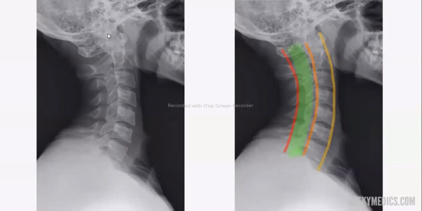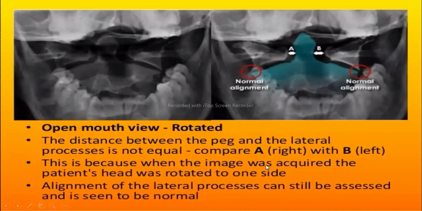So C1 is like a ring, and the C2 has the dens inside C1. So the most likely in the exam is a C2 fracture, dens fracture. So this is the dens of C2 and this is the lateral border of C1.